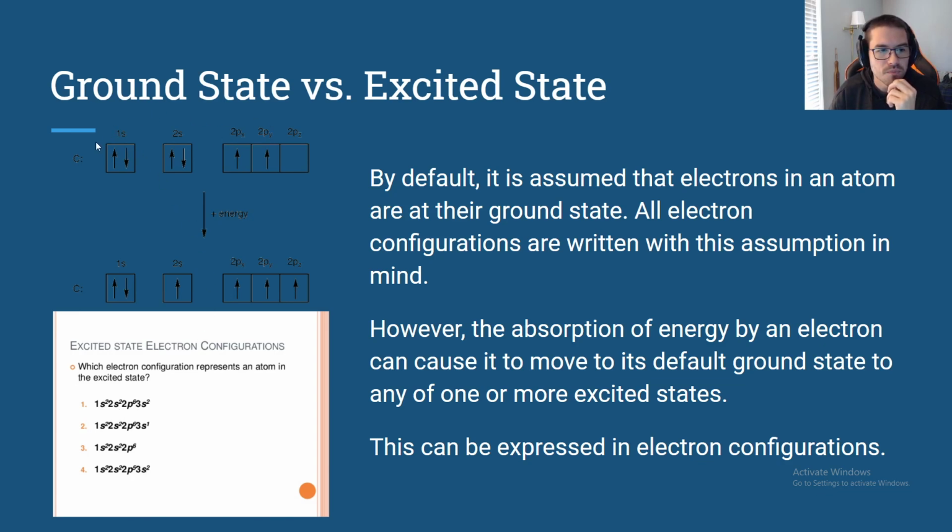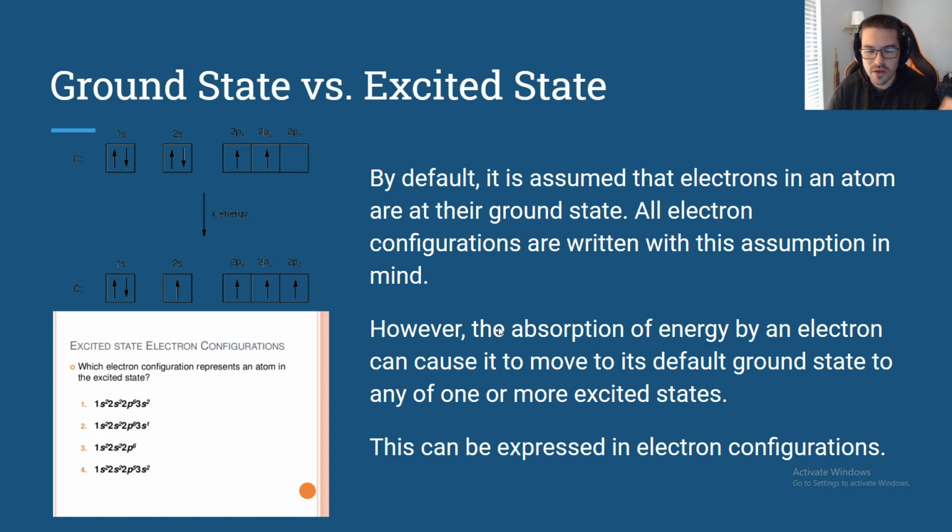Same thing here. This is an orbital diagram, but this is 1, 2, 3, 4, 5, 6 electrons. That would correspond to C for carbon. This would be the ground state electron configuration for carbon. However, just like we saw at the very beginning of this video series, electrons can absorb energy, and when they do so, they become excited.